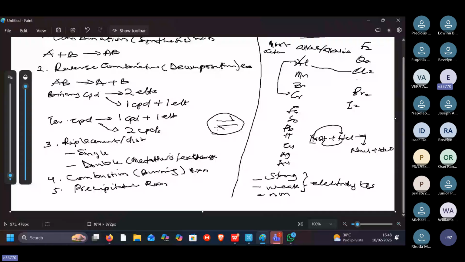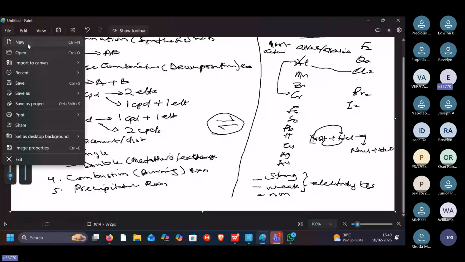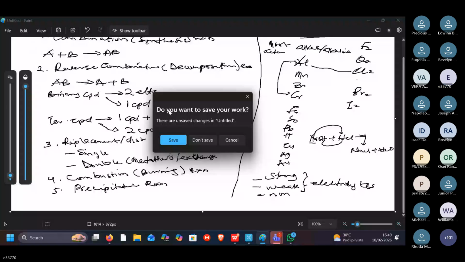Then the non-electrolytes are those that are fully molecular compounds that do not have charges in them, for example sugars and those sorts of things. So these are the non-electrolytes. Let's really look at what we mean by precipitation reaction.